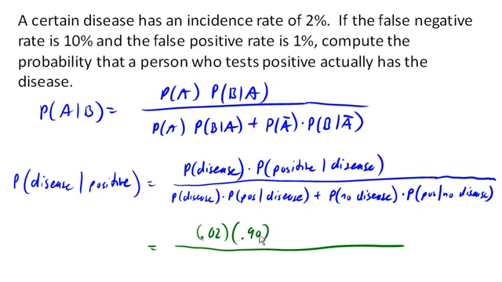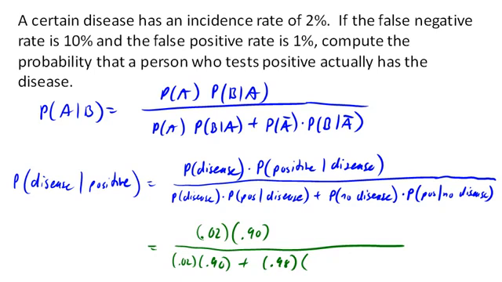Down here, we got probability of disease, probability of positive given disease, probability of no disease would be 98%. And then what's the probability that we test positive given that we don't have the disease? That's our 1% false positive rate.